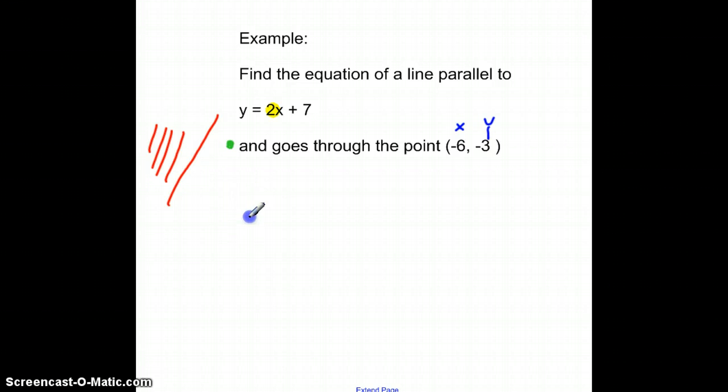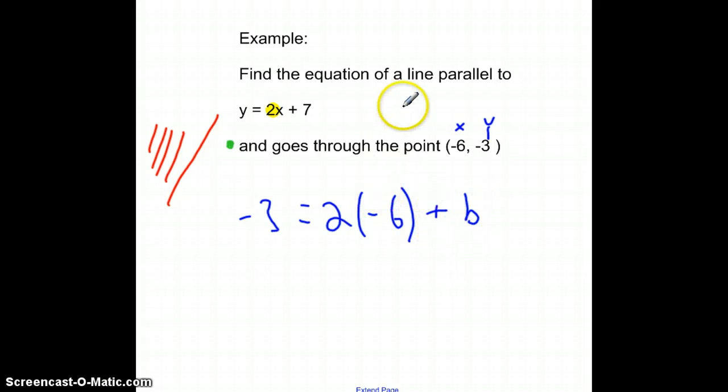So y, in this case, is -3, equals our slope, which we know is 2 because the lines are parallel, times our x, in this case -6, plus b. Now we want to find out where this new line is going to cross our y-axis. We don't know the y-intercept yet, and that's what we're really looking for here. So we go to solve.